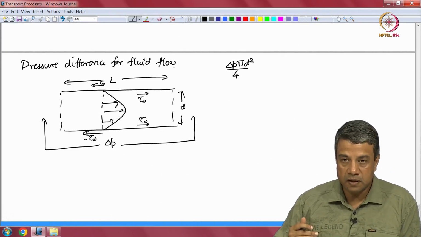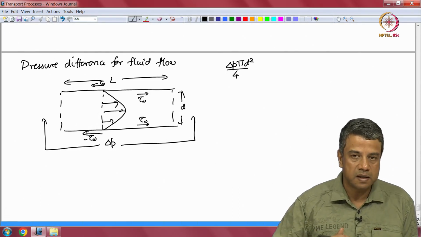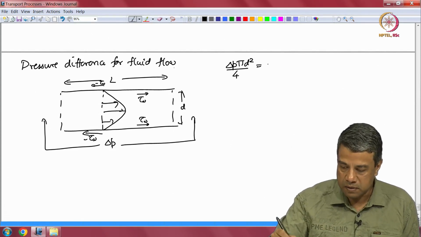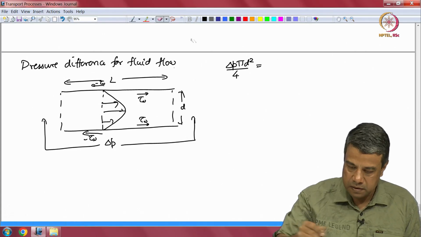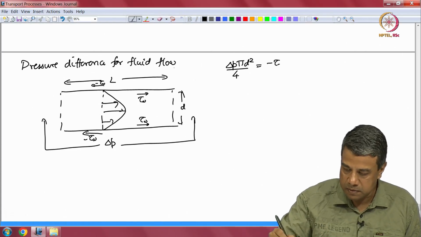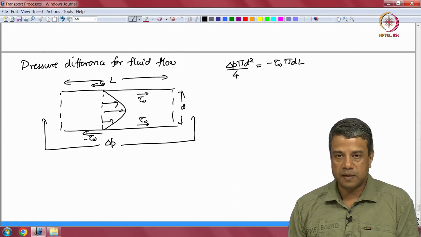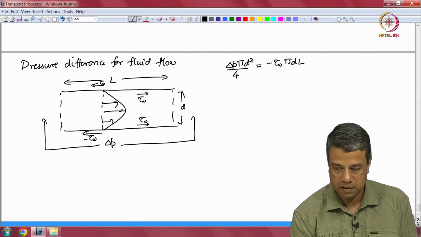And there is an equal and opposite force acting on the fluid in the upstream direction due to the wall shear stress. That is equal to the wall shear stress, acting in the negative direction, so it is equal to minus tau w into pi d L. Surface area of the pipe is pi times d times L. Pi d is the perimeter and L is the length.